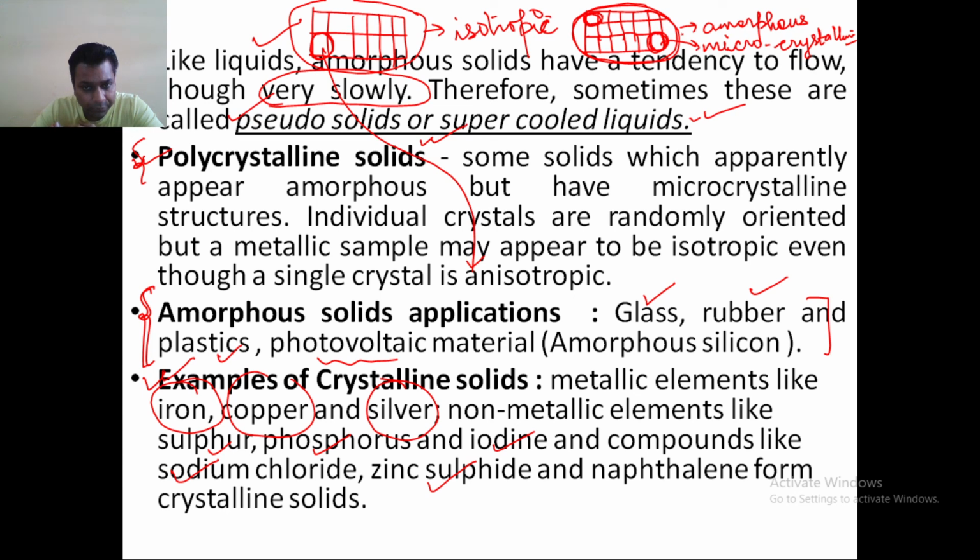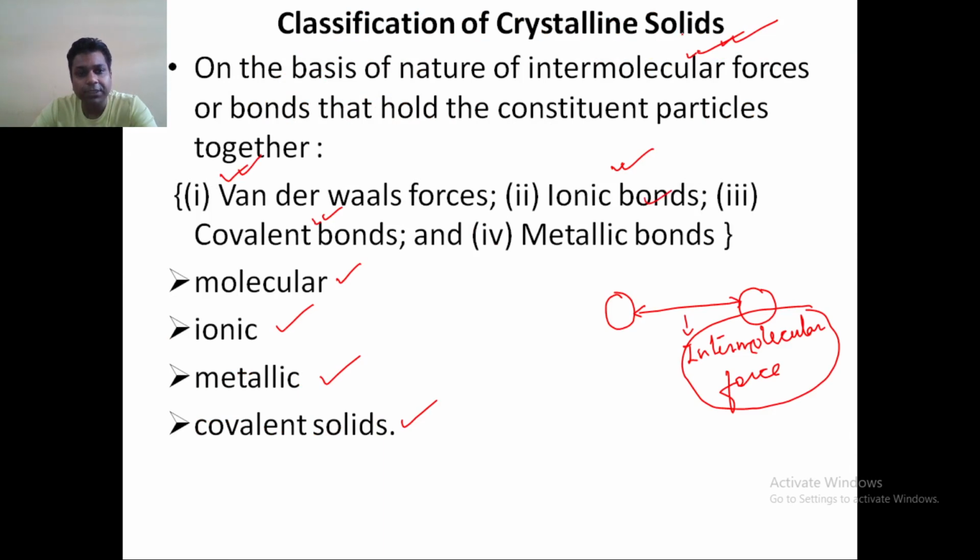Then we studied applications of amorphous solids and of crystalline solids. Then we discussed the classification of crystalline solids, the factors we consider for classification, and the different classes depending upon that.